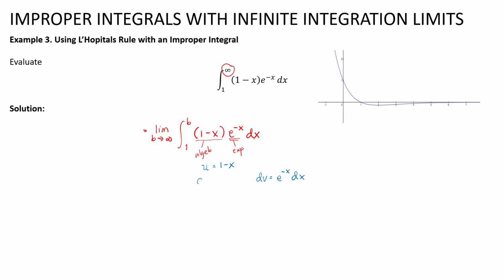So getting the derivative, du is equal to negative dx. So this becomes negative du is equal to dx. And then getting the integral, v is equal to negative e raised to negative x.